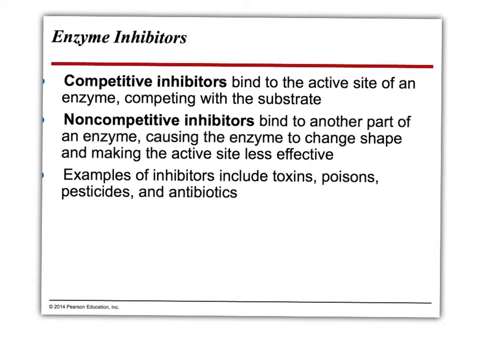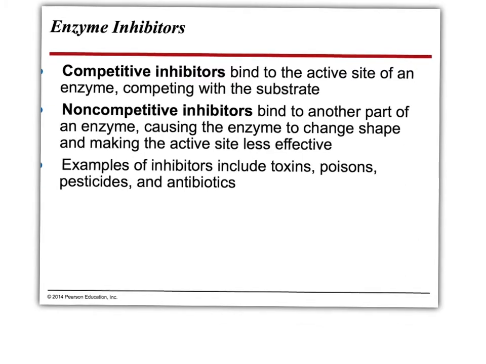Competitive inhibition denotes a competition. Two things are going to compete for one thing. Two things, meaning substrate or inhibitor, are going to compete to bind the active site. So you have substrate for an enzyme, and then you have its inhibitor. So here's our enzyme, this being the active site.